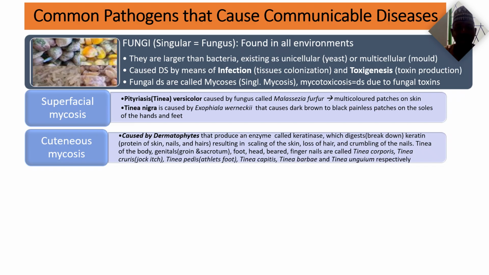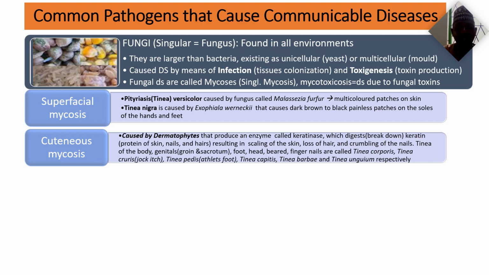So we can have tinea affecting the body parts, tinea affecting the genitals, groin and scrotum. We can have cutaneous infection of the foot, of the head, of the beard, of the finger, of the nails.